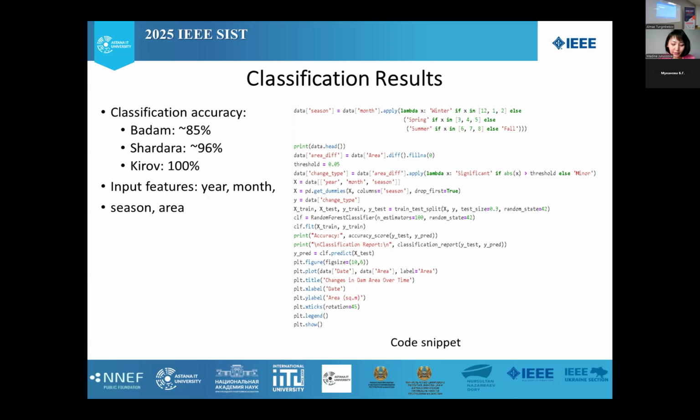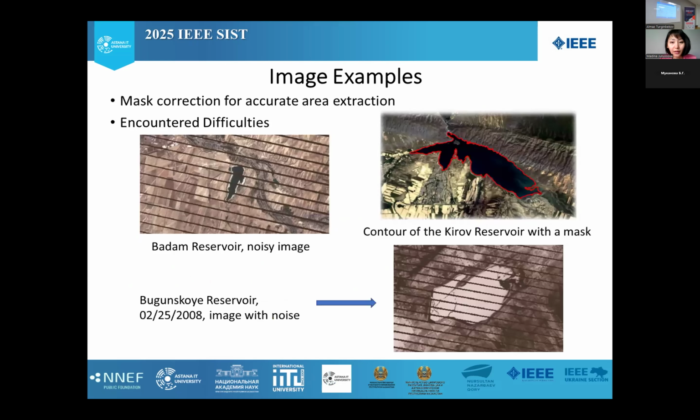During the research, we encountered the following difficulties. Difficulties when collecting data from the Landsat platform for the period from 2003 to 2015.